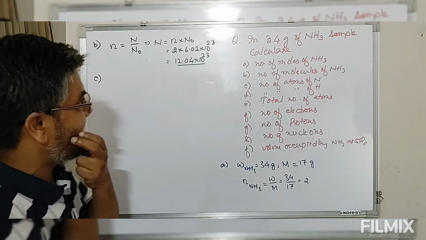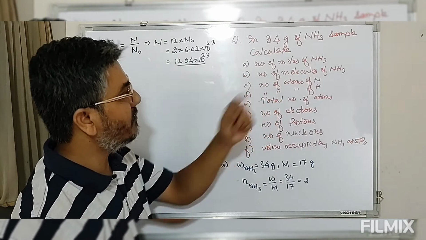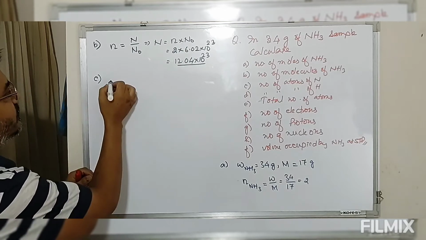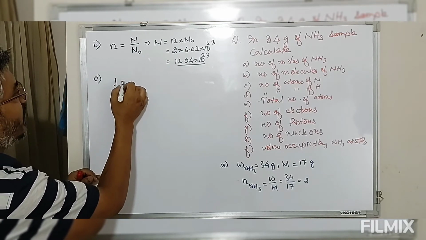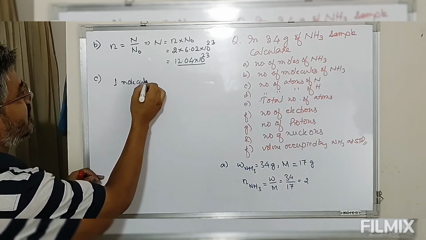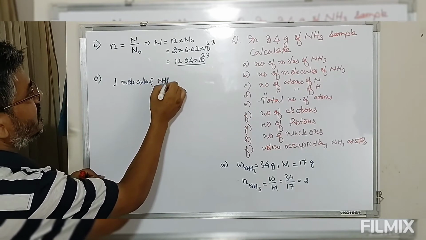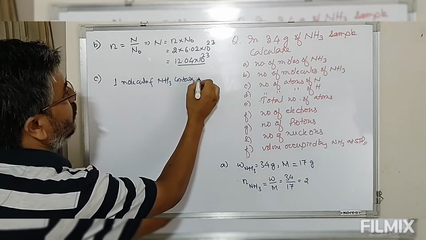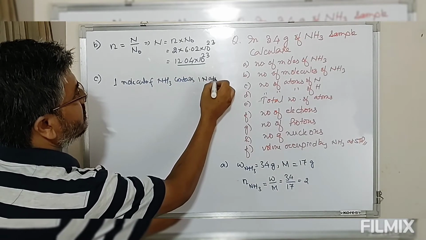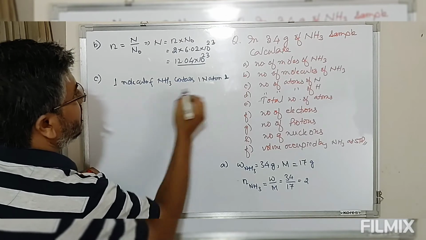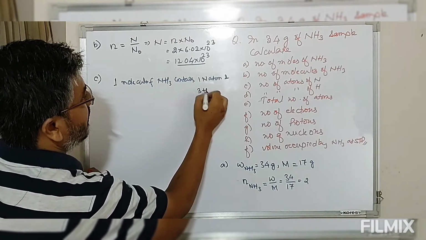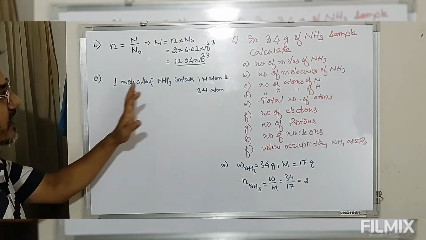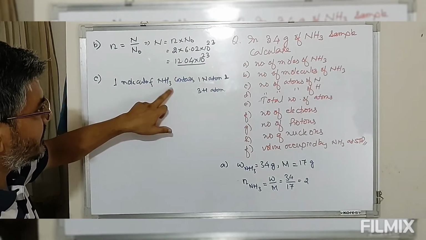Now look at this. We have to find the number of atoms of nitrogen. One molecule of ammonia, NH3, contains one nitrogen atom and 3 hydrogen atoms.